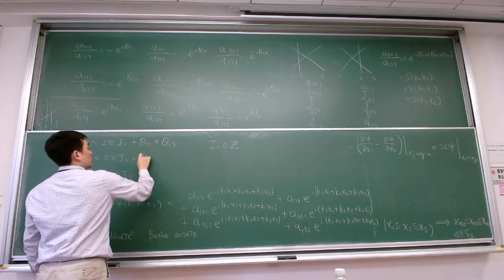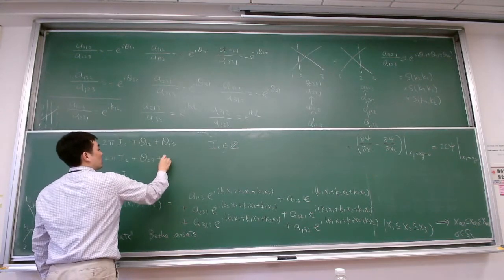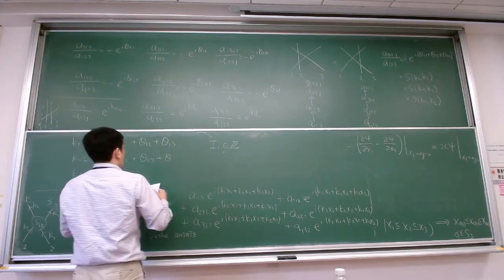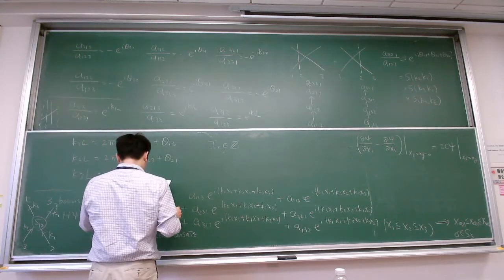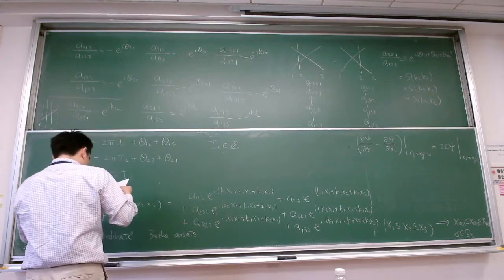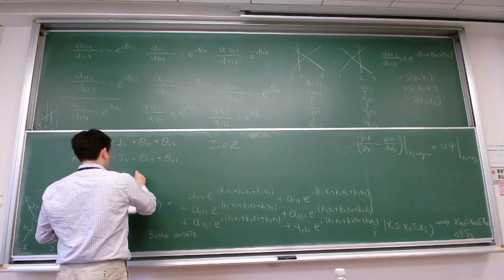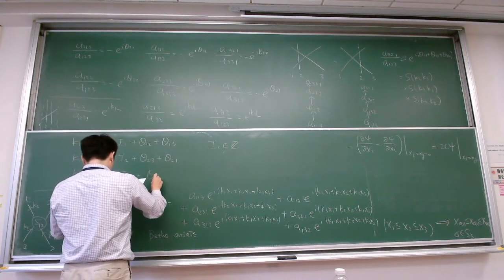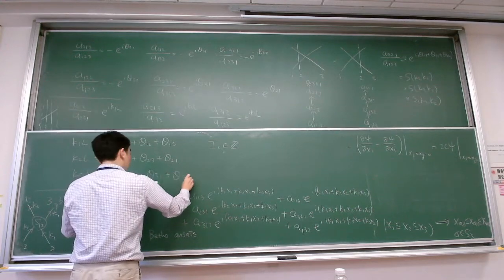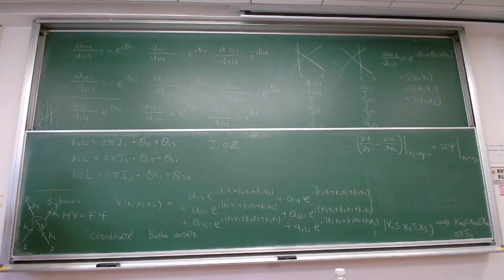And then you have theta 3,1 plus theta 3,2. So this is what you obtain from the relation.